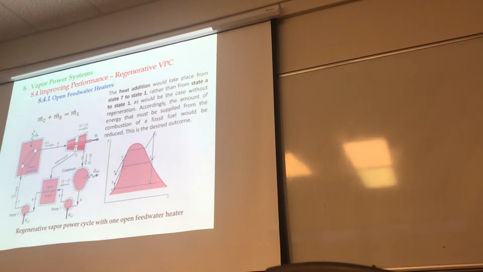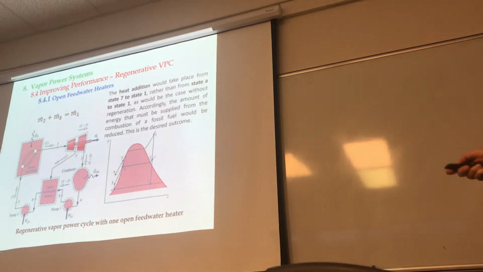Okay, but at least my goal at this point is for you to look at something like this and go, I think I know what it does. If you can trace it, in conjunction with the TS diagram next to it, you can recognize that this is a regenerative vapor power cycle, and then be able to explain what it does. It does this, it does that, it mixes, and it does this.